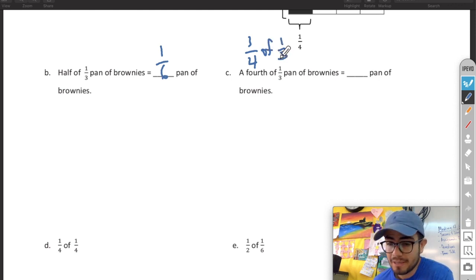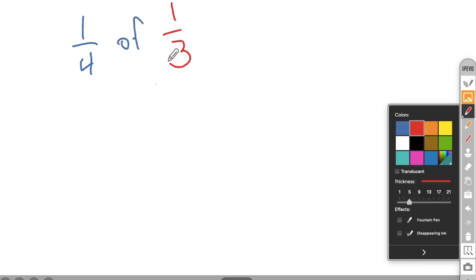So a little bit different, but the same reasoning applies. Let's go over to the whiteboard. If we are going to take 1/4 of 1/3, first we're going to draw out our third.